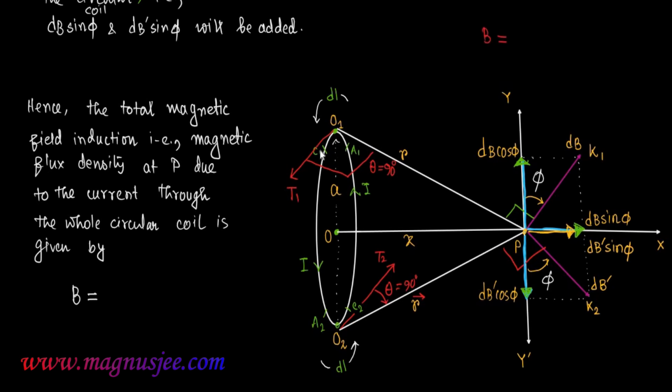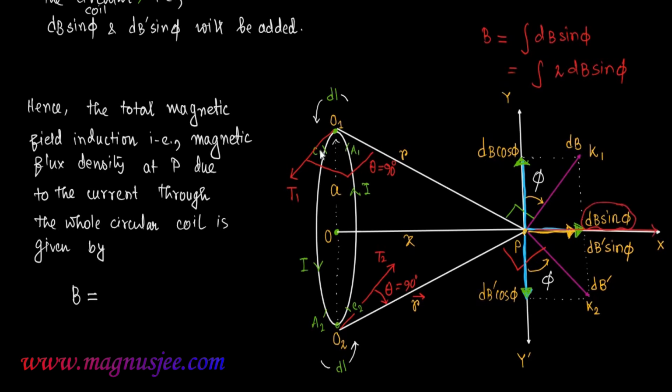B equal integration what? It should be integration dB sin phi or integration 2 dB sin phi. We have already considered two current elements, A1C1 at O1 and A2C2 at O2, and magnetic field induction along the axis are dB sin phi and dB prime sin phi due to these two small current elements.